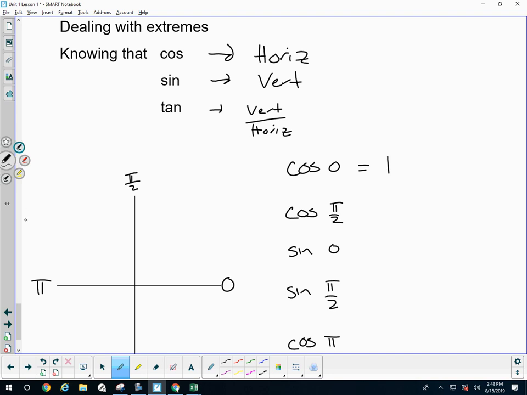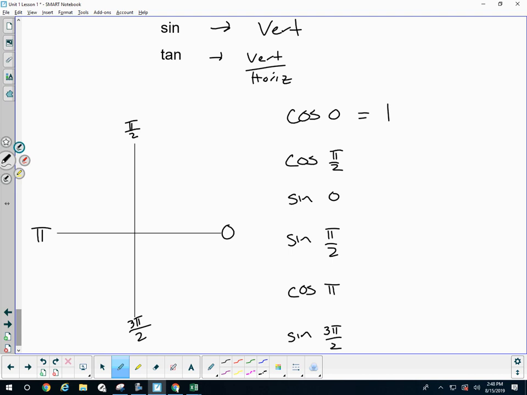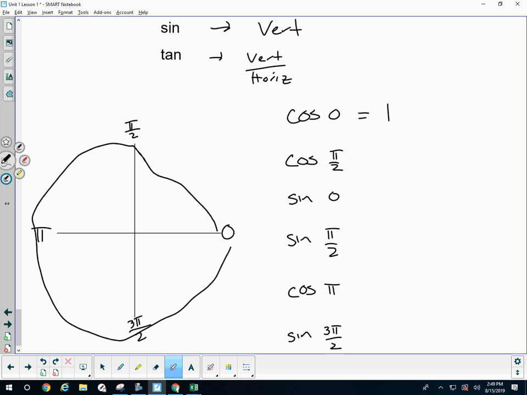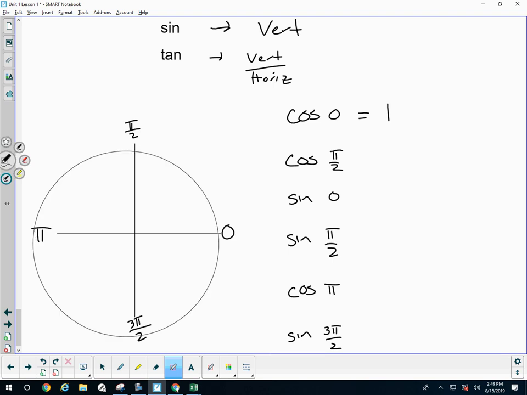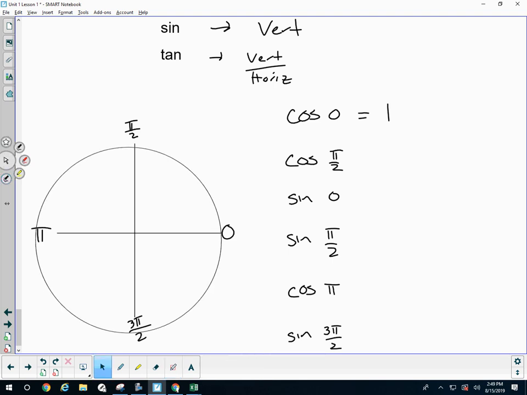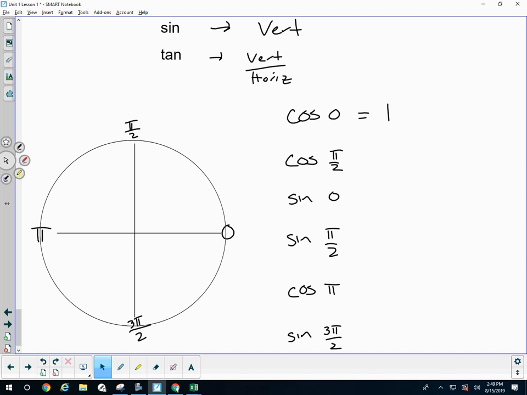If I travel to the unit circle location of 0, so let's just draw a unit circle really quickly. I'll do the best that I can, and hopefully it'll pop. There we go. I got it. Okay. Traveling to this location on my unit circle at 0 from the origin, I go to the right 1 unit. I do not go up or down at all.